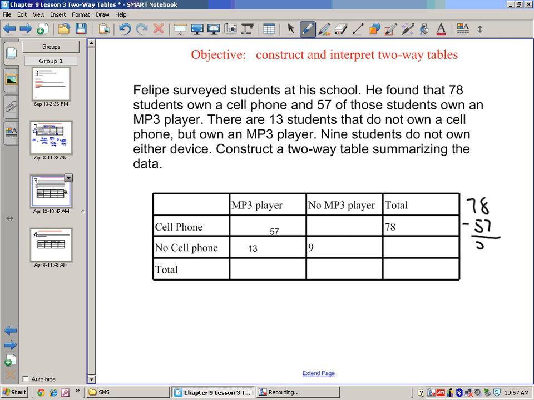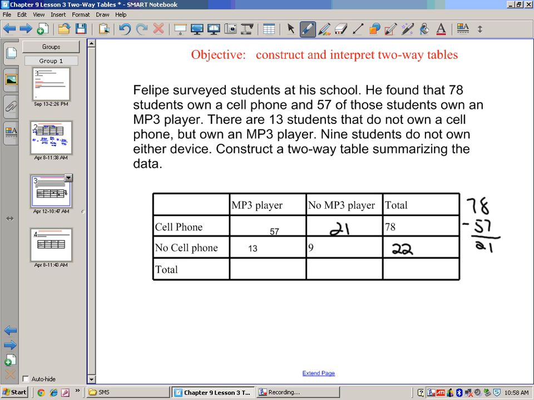It's going to give you 21. So right there's 21 students who have a cell phone but do not have an MP3 player. Okay, what else? What other box can we fill in? Let's look across the row of no cell phone. 13 have an MP3 player, 9 do not. So the total who do not have a cell phone would be 13 plus 9, which gives you 22.